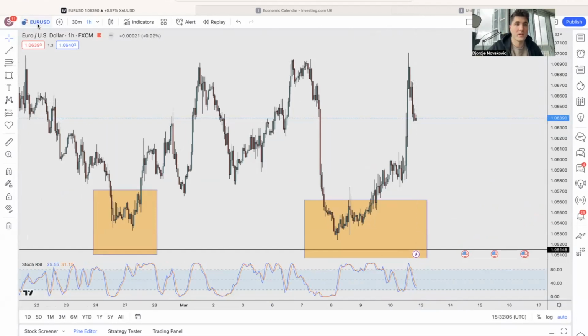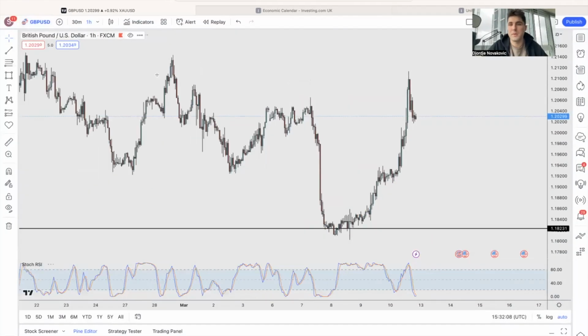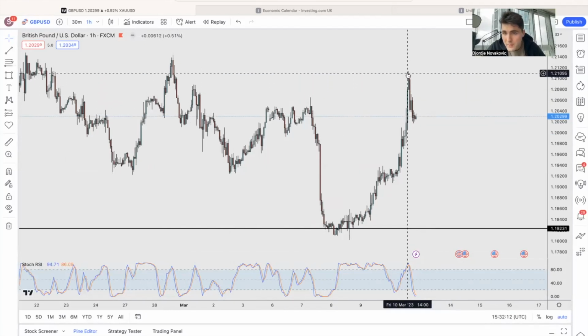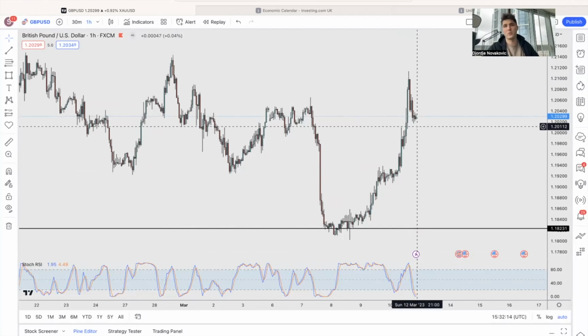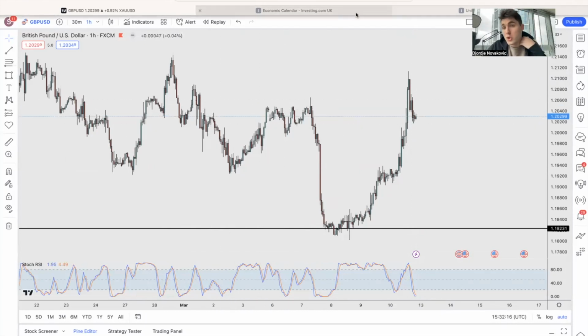It corrected. If I take GBP/USD, after the NFP, all the way down. And this is the thing: those news can be traded, but if you don't read enough about the economy, you're not going to be able to determine what's going to happen with that pair.